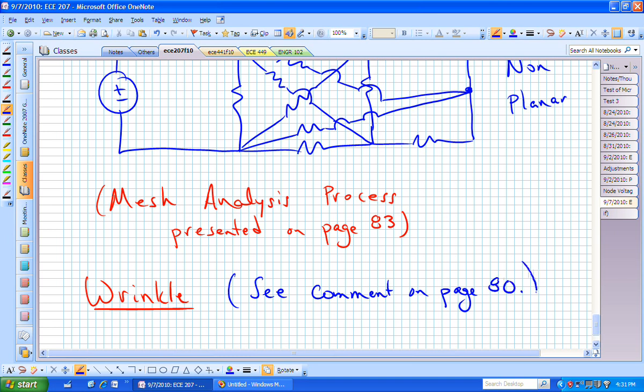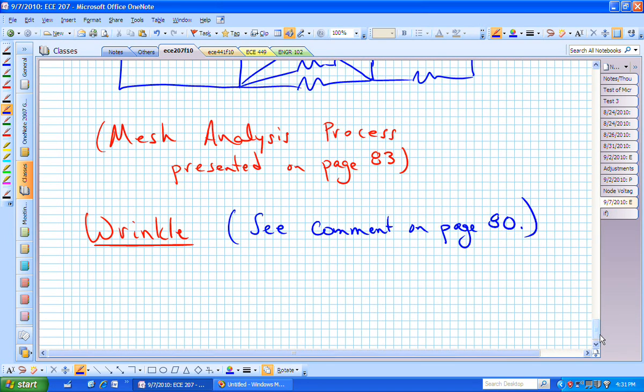So I'm just going to tell you that before we get into all of this. Let me just say that there is a wrinkle, and if you relate it to what we talked about before, what do you think gives rise to the wrinkles in this one? When we were writing node voltage equations, whenever we had voltage sources in our circuit between node voltages, that gave us a problem. Here, what kind of sources do you think will give us a problem?